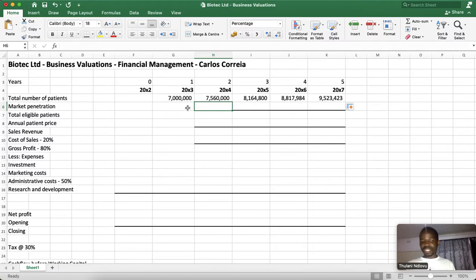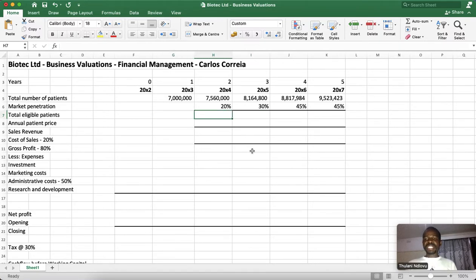Now we are given the market penetration. We are told that in 20x4, the market penetration is 20%, 20x5, it will be 30%, 45%, then 20x7 going forward, it will also be 45%.